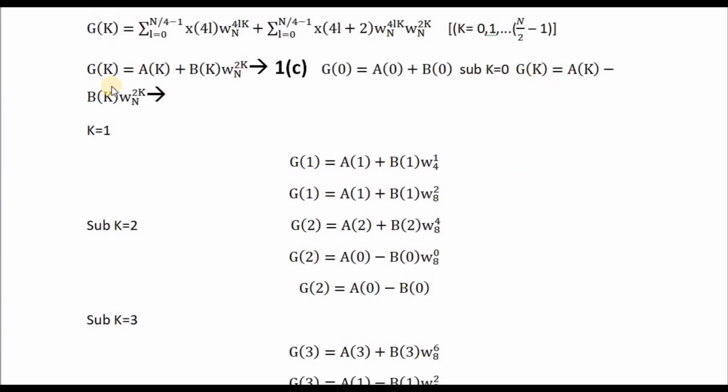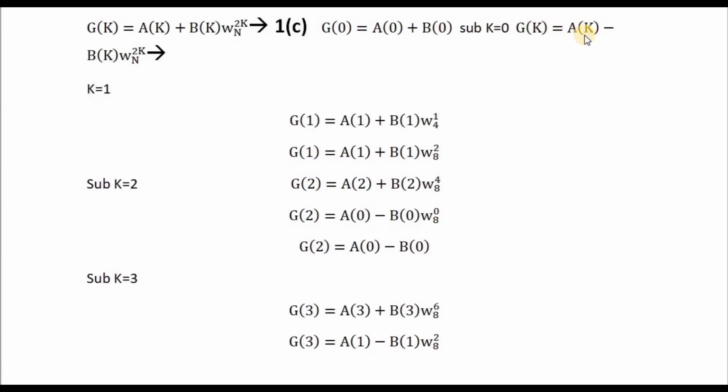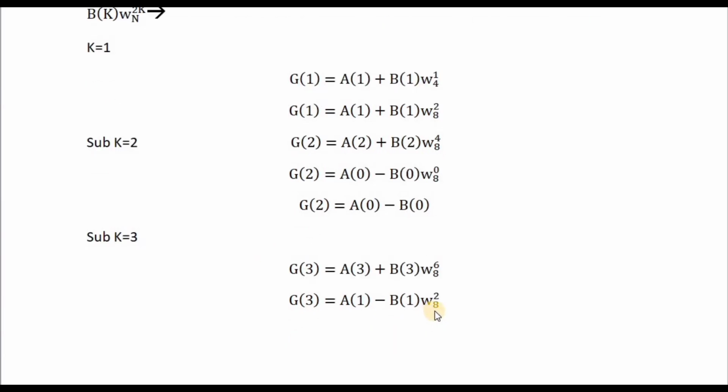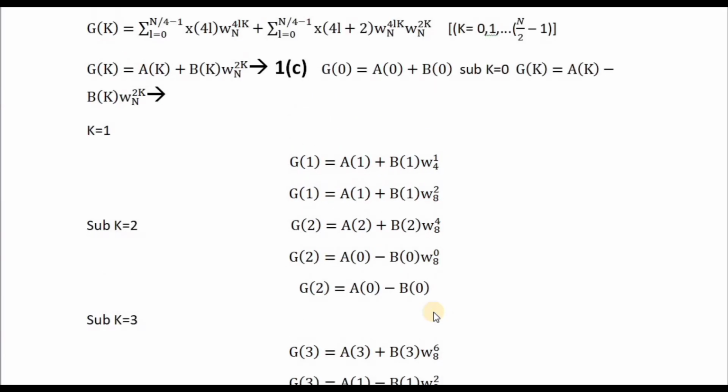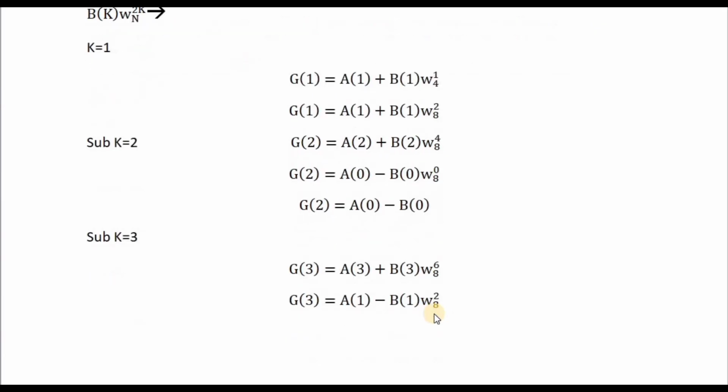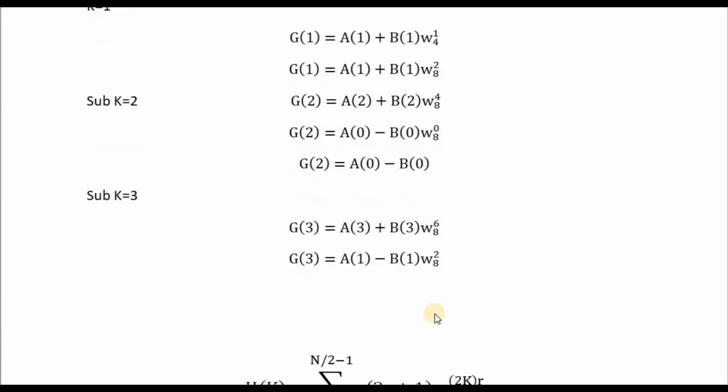Okay, so G of K, that is G of 3, is equal to A of 1 minus B of 1 W8 of 2. Okay, so what is W8 of 2? W8 of 2 is minus j.